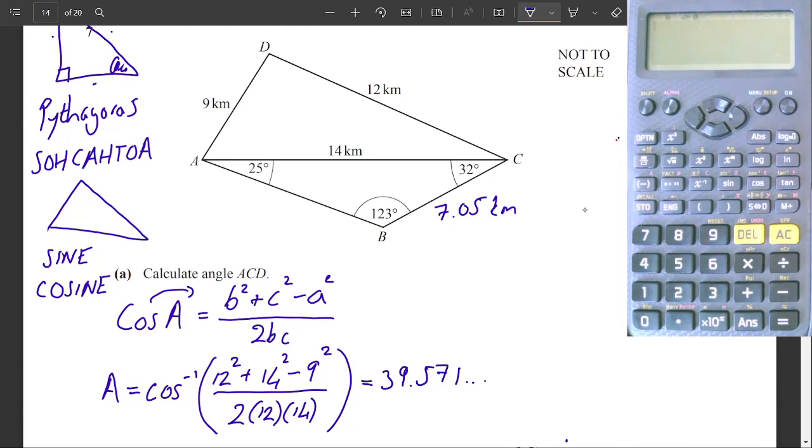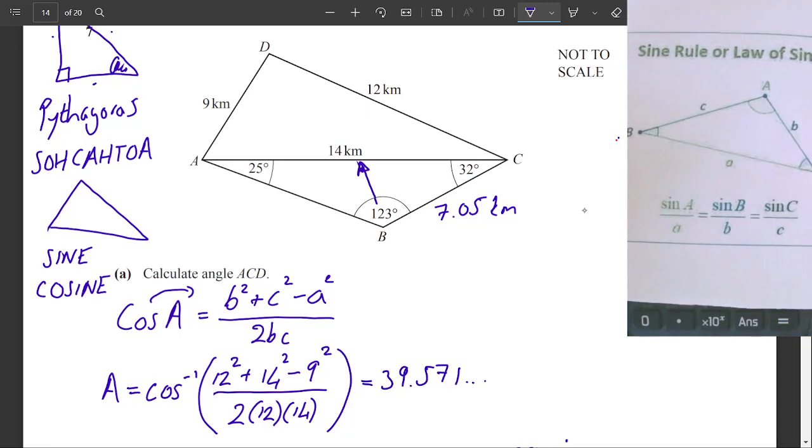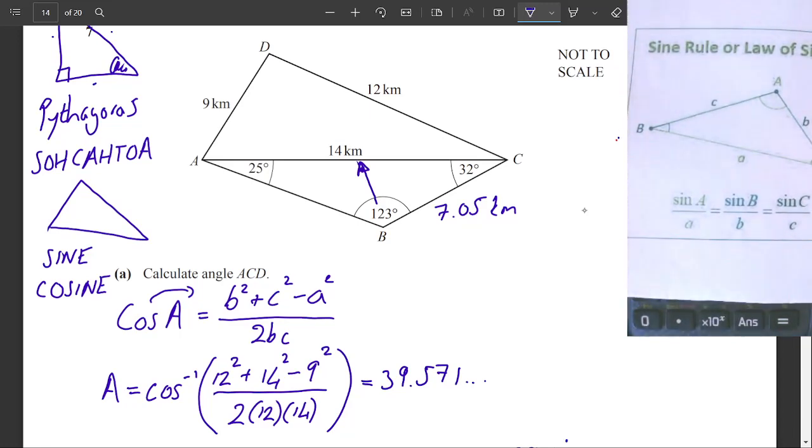Now looking at that, classic sine rule question, we have an angle and the opposite side. Once you see an angle and the opposite side, you know we can go for the sine rule. We're going to use that angle and that opposite side to find BC, which we need to show is 7.05.